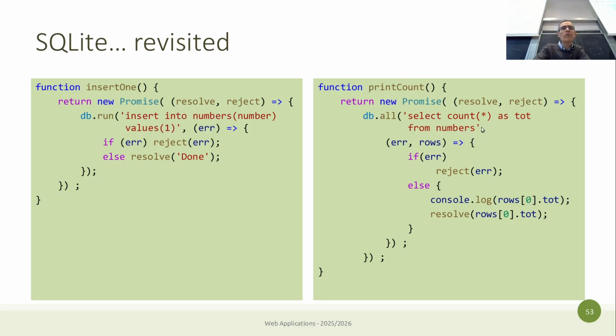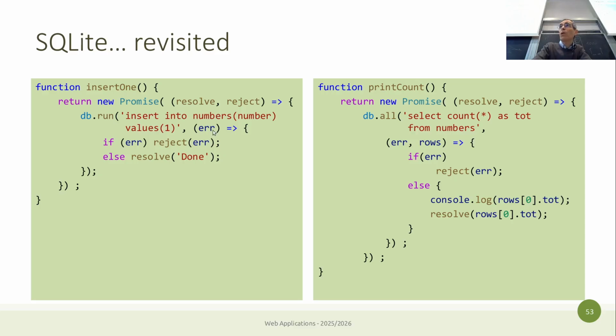Okay? So, do we want to make these functions asynchronous? It's easy, right? Return a new promise, resolve, reject, and then db.run. You remember that we have a callback, and this cannot be changed because the library decided that run takes a callback, okay?